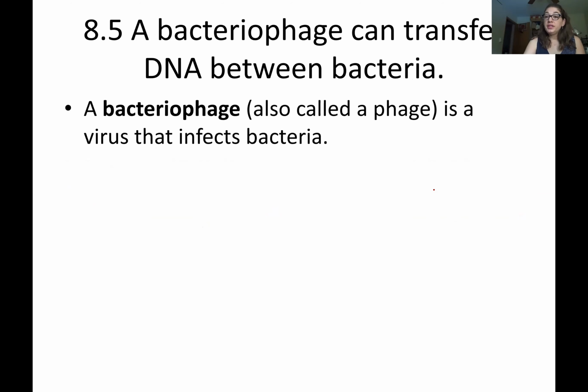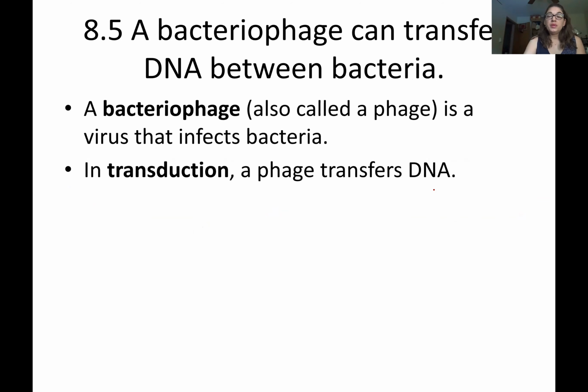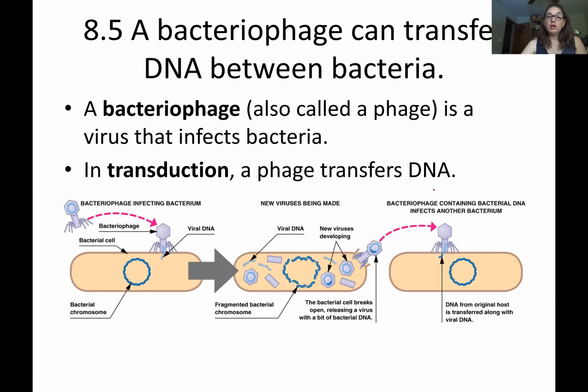A bacteriophage is a virus that infects bacteria. A bacteriophage is used in transduction, and it transfers DNA from a virus to a bacterium. So we have this bacteriophage, this virus that infects bacteria. Inside is its DNA.